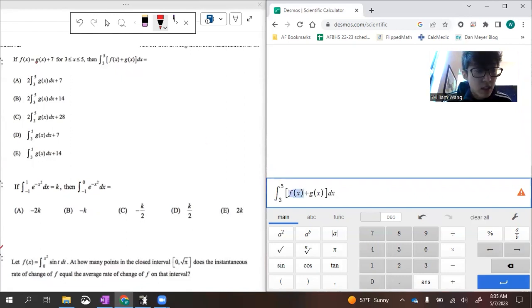So f of x is equal to g of x plus 7, right? So instead of this f of x here, replace it with g of x plus 7. That's my first instinct, at least. Rewrite it there. So g of x plus 7. Cool.